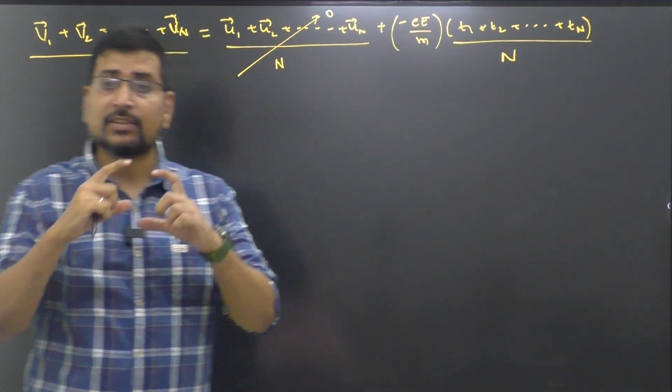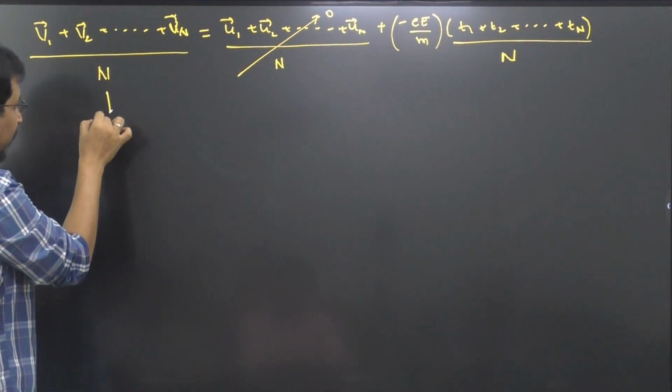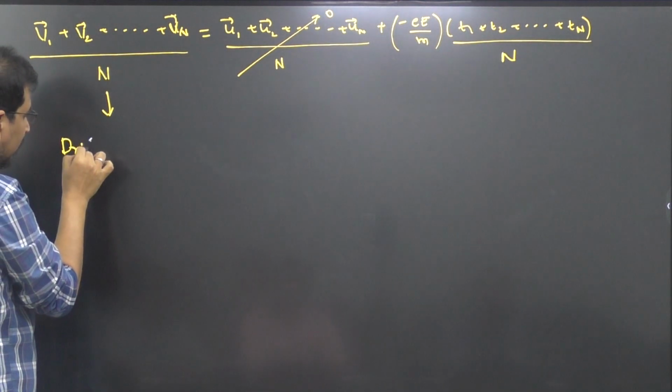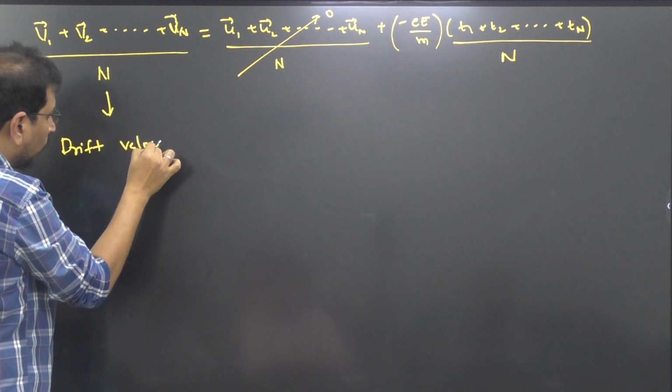So each of them is given a specific name. This is given a name called drift velocity.